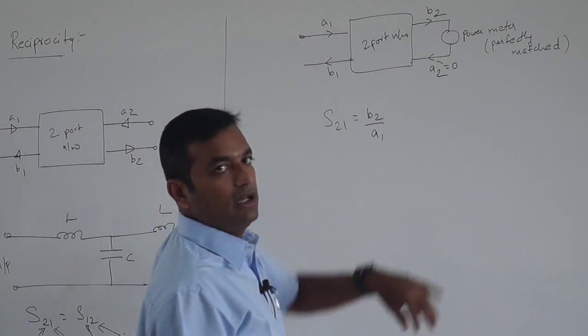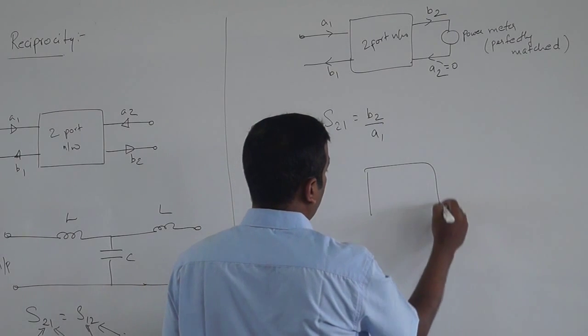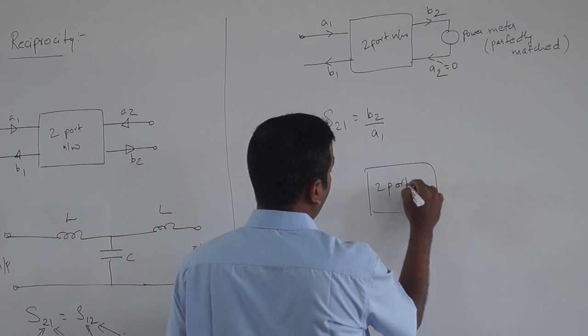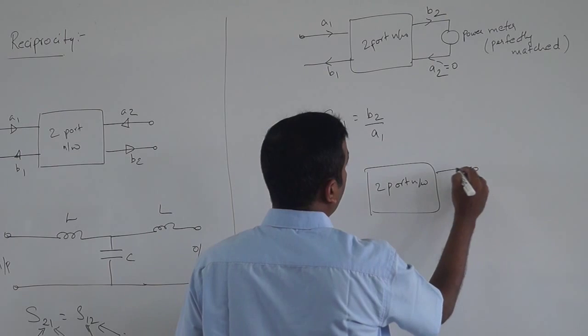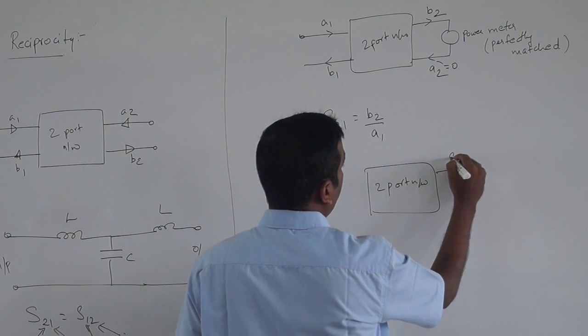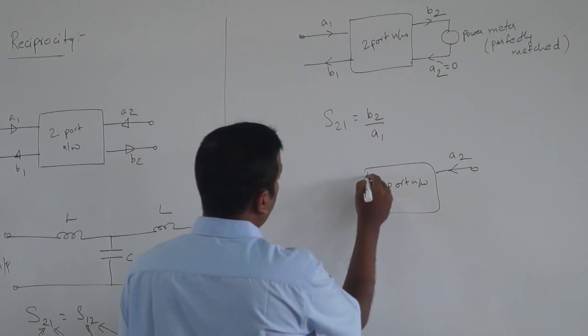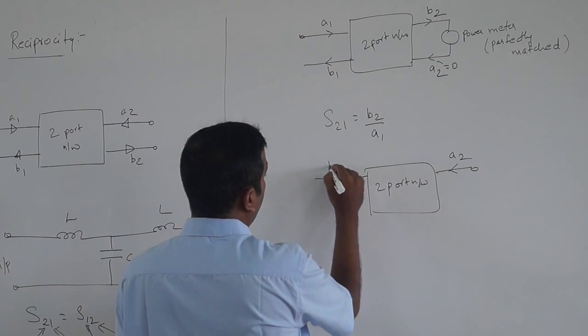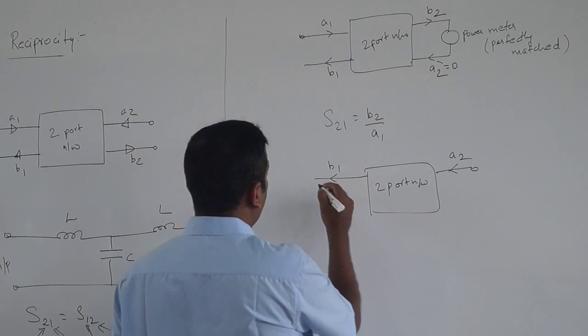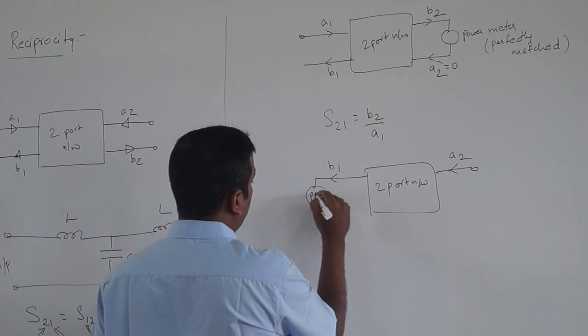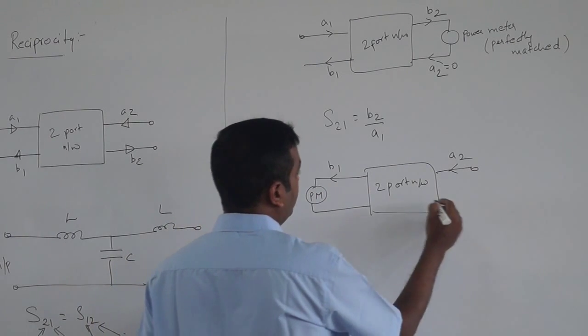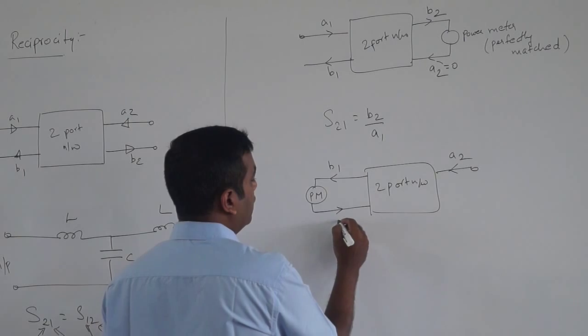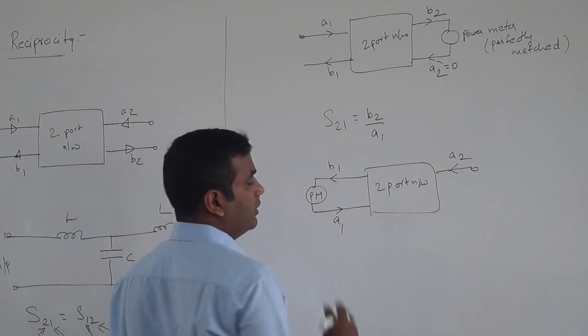Suppose we do the inverse, with the same two-port network. I provide the input here, say this is A2, and I take the output at B1, which is connected to a power meter. What will be the reflected signal here, A1?